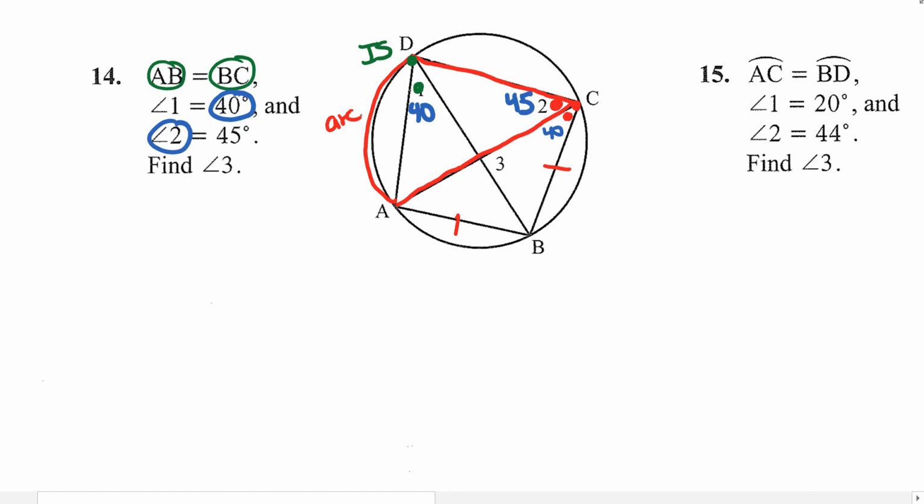And that's going to be good because there's another angle right here. If I look at this angle, part of angle B, and open up those sides, that also opens up to the same arc. So this means this has to be 45 degrees. Okay, great. Let me erase this now.